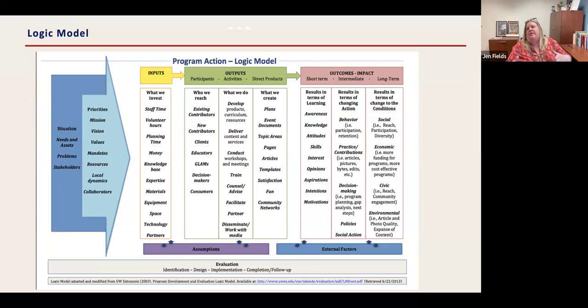It helps your evaluator in determining what are going to be my data sources and my evidence to show that, but it helps you as the project leader to really see the rationale, because a lot of times we have this laundry list of activities.